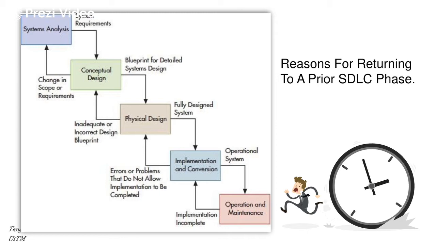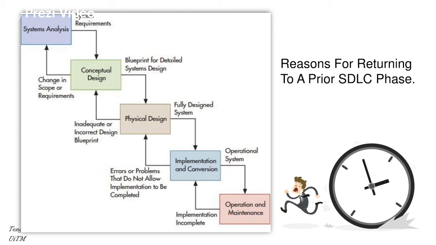For example, in the system analysis stage, the output is the system requirements, which will be used by the conceptual design. If in this second stage, conceptual design, the scope of requirements changes, they have to go back to the prior analysis stage.